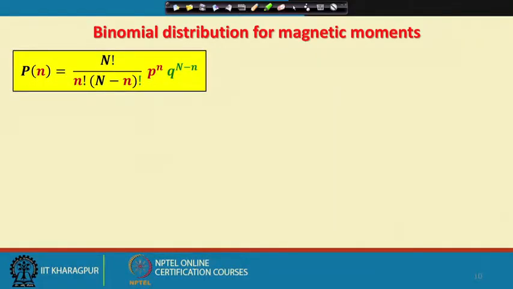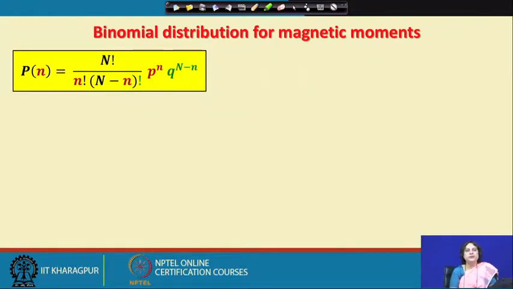So, at this point I know that for a given total value of N, I have associated with it a binomial distribution P(n), where small n is the number of up spins that is observed when the magnetic moment is measured.